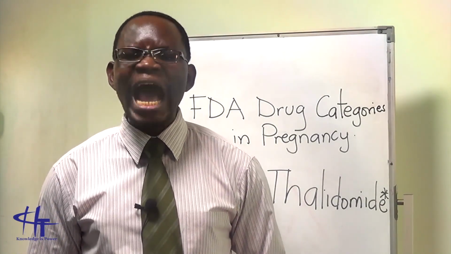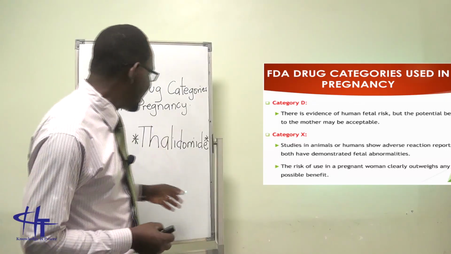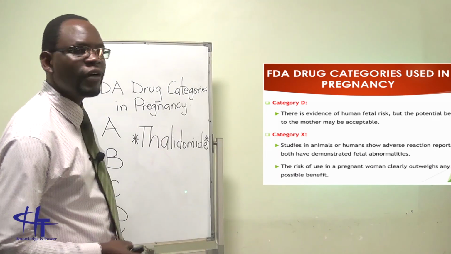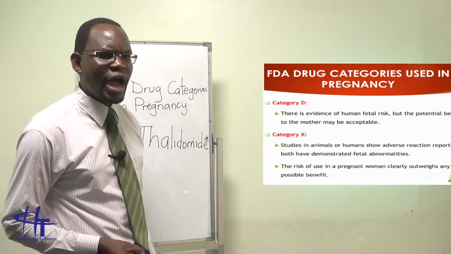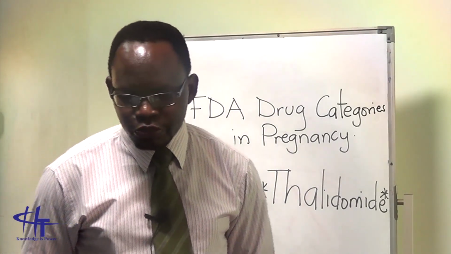So you will watch this documentary and you will see how disastrous it was and how heavily this company had to pay to compensate all the people who were actually given this medication. So thalidomide is an example of a category X drug. Not only thalidomide, but most anti-cancer drugs.